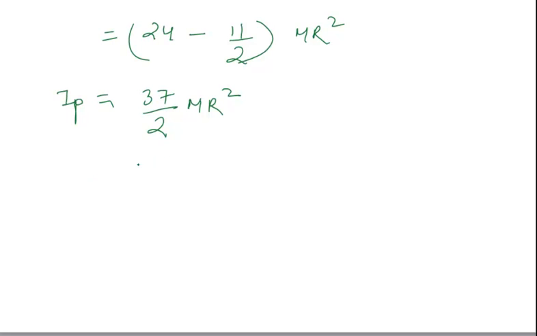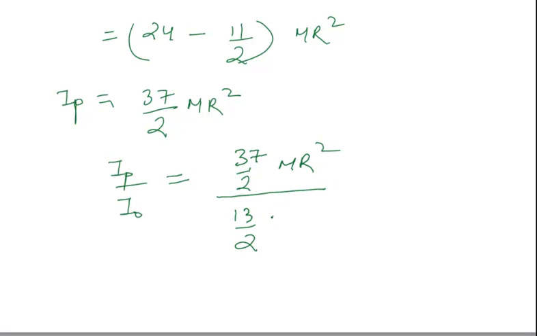We have to find the ratio of IP by IO. So IP is 37 by 2 m r square divided by 13 by 2 m r square. This is 37 by 13, the value of which is roughly nearly equal to 3.